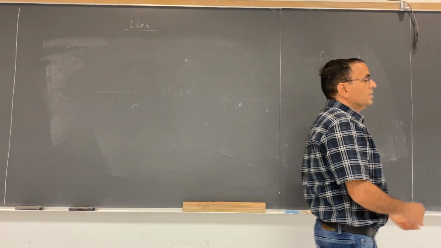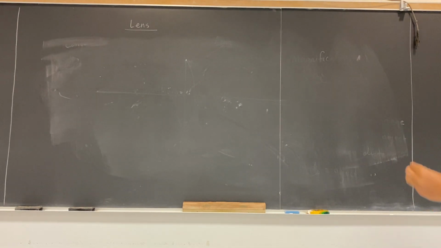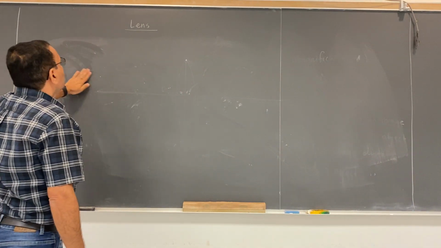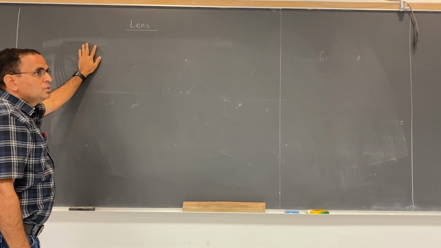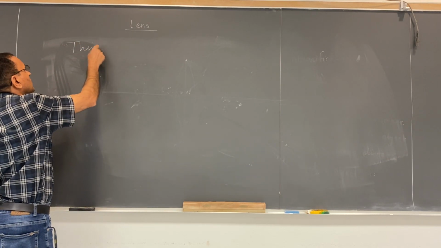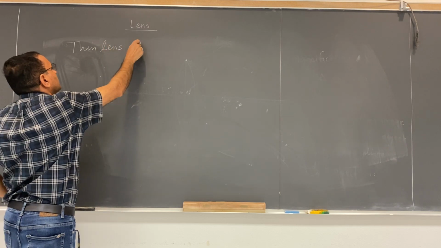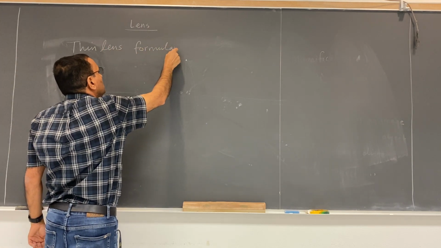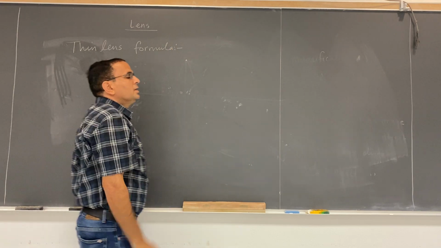The convex lens is a little bit more important than the concave lens. In the case of lenses, we use what we call the thin lens formula. Do you remember I gave you the mirror formula?